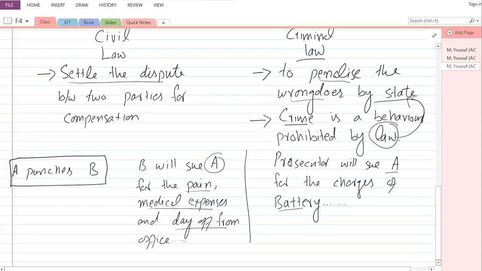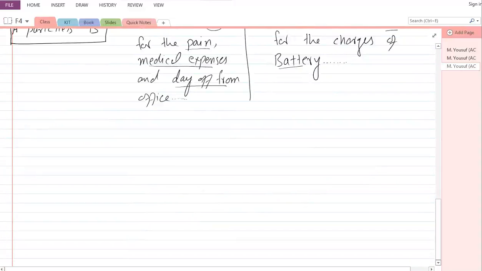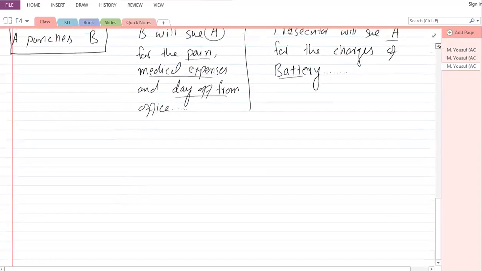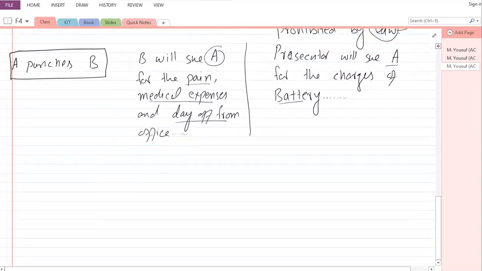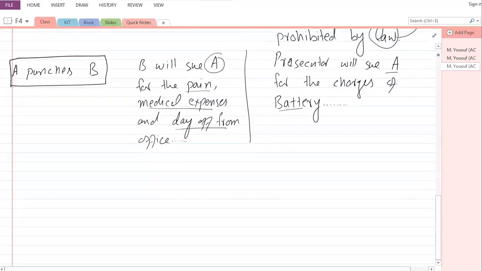So there are two types of cases. If A punches B, one is a civil case and the other one is a criminal case. So let's have another example.